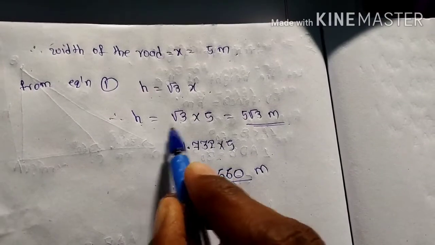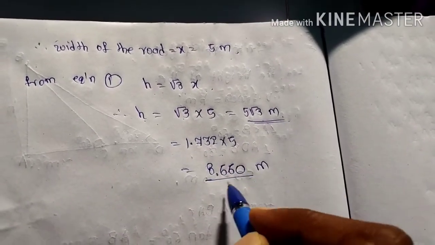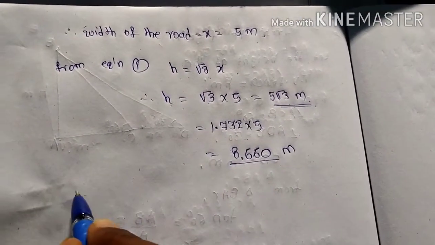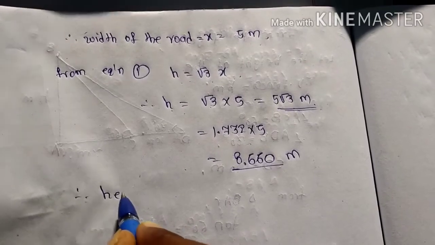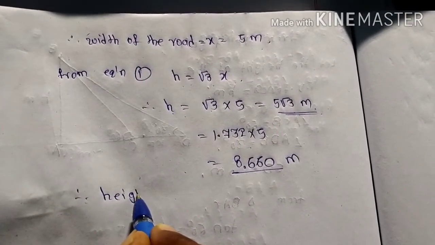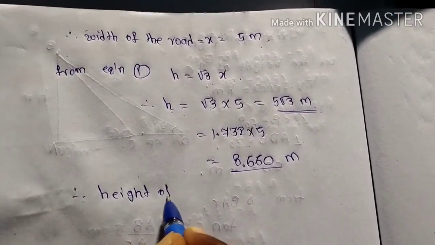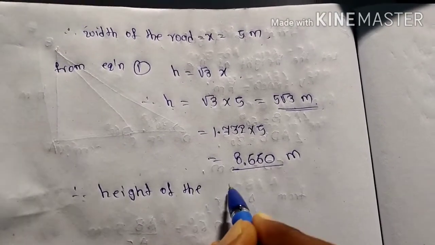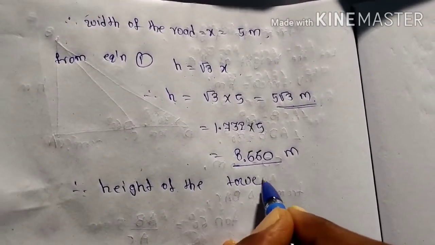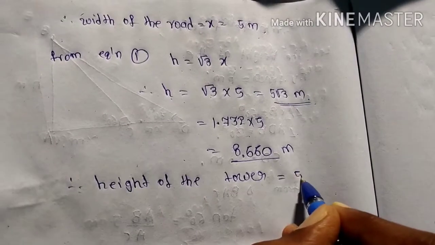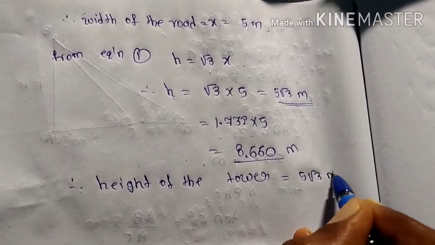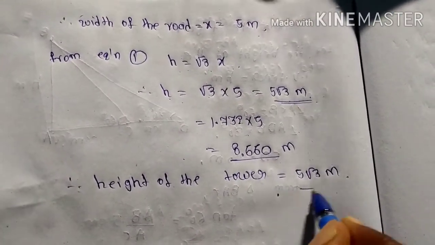You can remember the height of the tower is 5 root 3 meters or 8.660 meters. Therefore, height of the tower is equal to 5 root 3 meters.